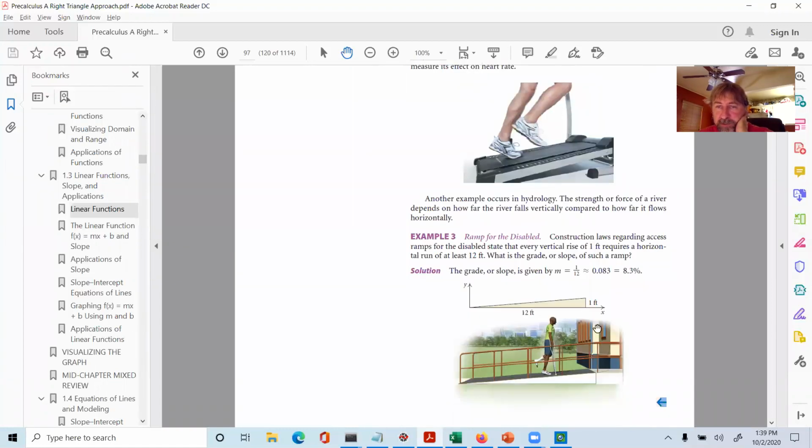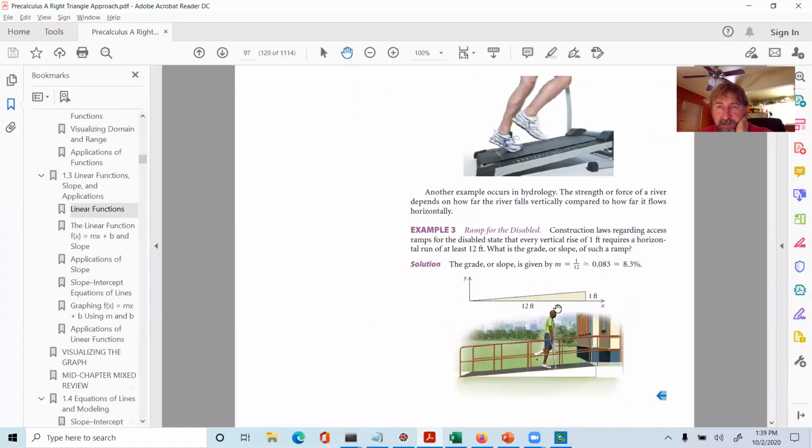Or a slope could be like this slope right here, this handicap ramp. They're showing over 12 feet, it goes up 1 foot. So we saw a little bit of that with our trigonometry.